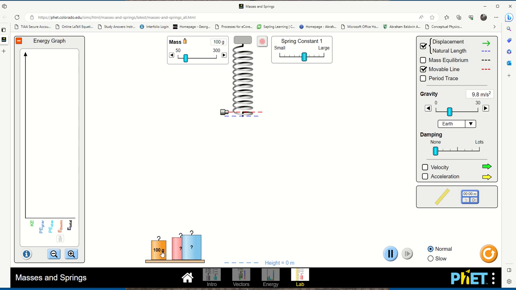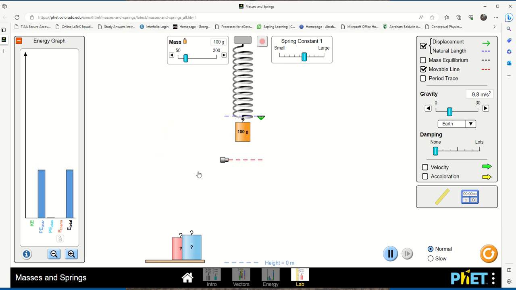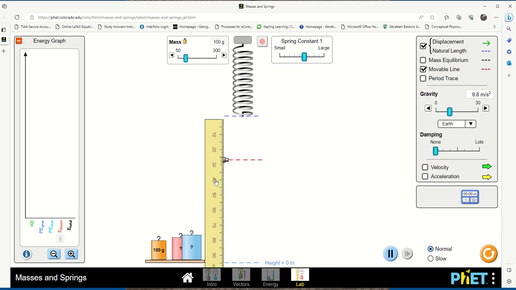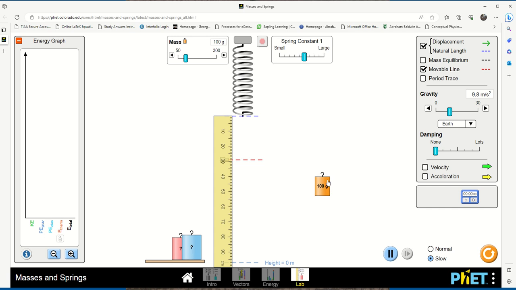Here's our movable line. Again, I want to take my 100 gram mass and I need the ruler. You want the 0 mark of the ruler aligned with the equilibrium position. I'm going to take 100 grams, hang it, and release it from the equilibrium position.